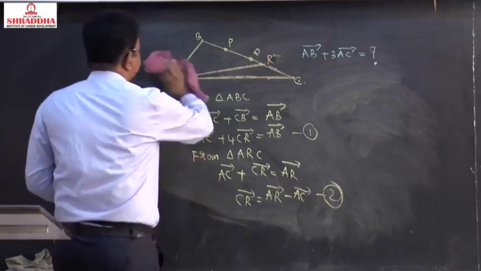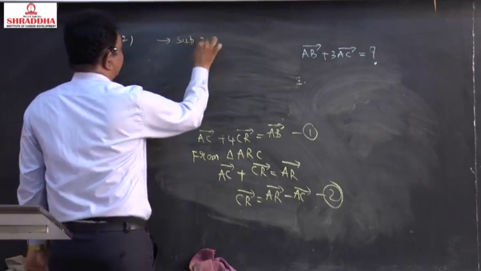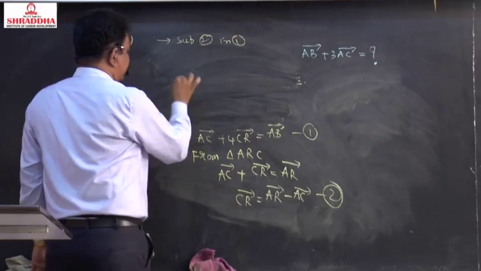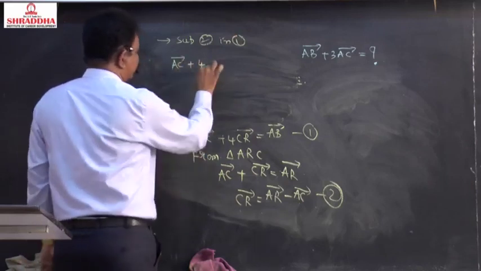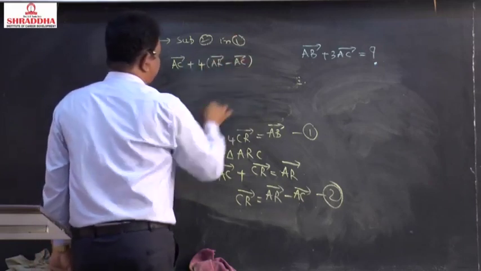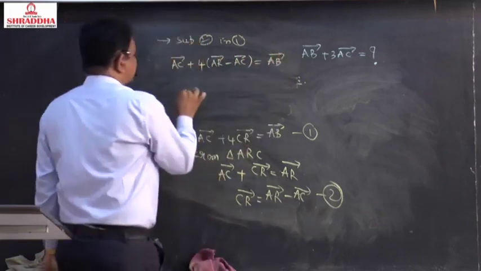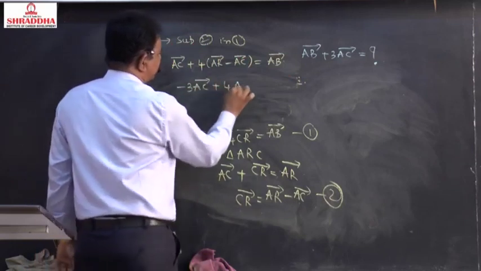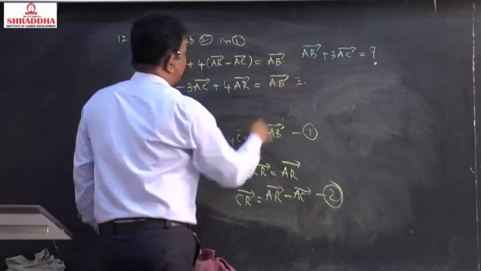What to do? Substituting 2 in 1, what will we get? AC bar plus 4 into (AR bar minus AC bar) is equal to AB bar. So this is minus 3 AC bar plus 4 AR bar is equal to AB bar.